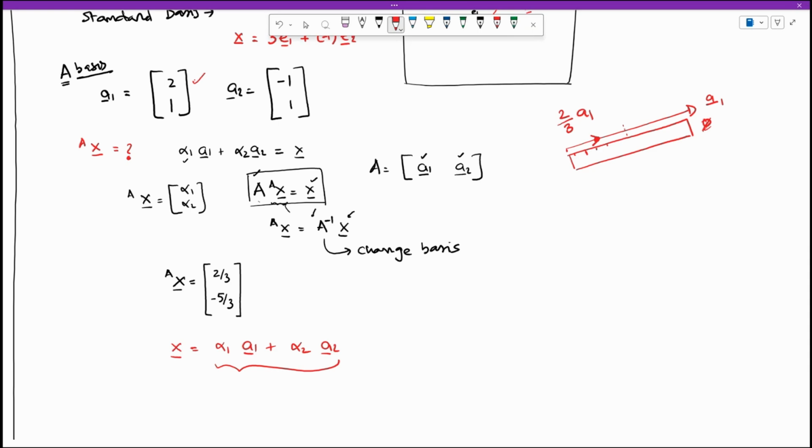Take this, and then you move the scale, keeping it parallel to A1 until it meets the tip of minus 5 by 3 times A2, and then you draw a line like this. That's one side, or the third side of the parallelogram.